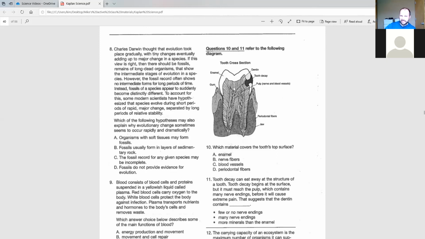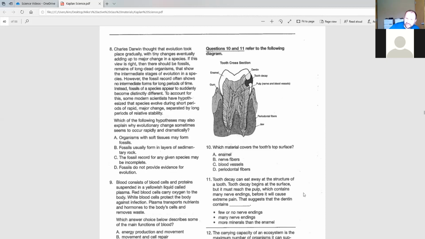This is the dentin. So does it suggest that there are few or no nerve endings in the dentin? Are there many nerve endings in the dentin? Or are there more minerals than the enamel? Okay. First of all, more minerals than the enamel is one we can throw out right away. It doesn't pertain to the question or the paragraph at all. So it's really, is it few or no nerve endings, or is it many nerve endings?